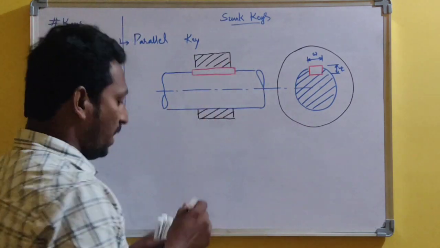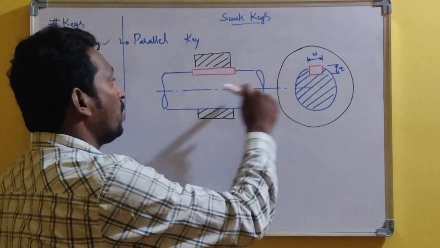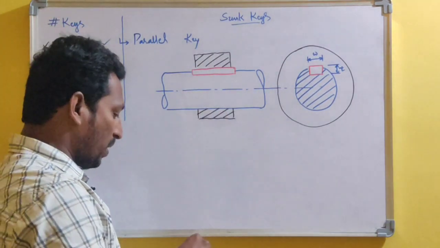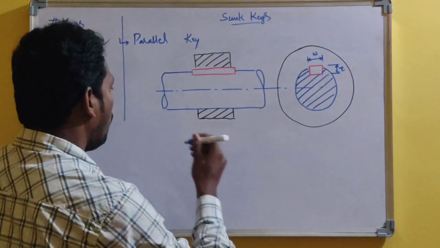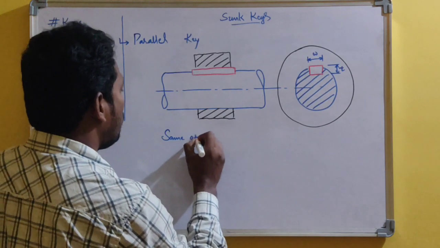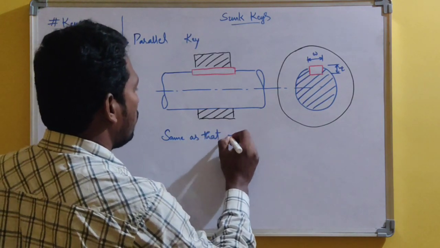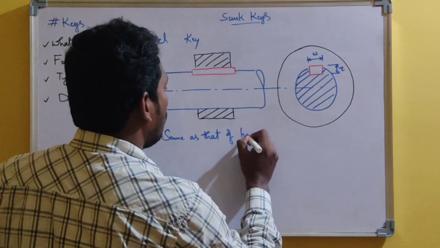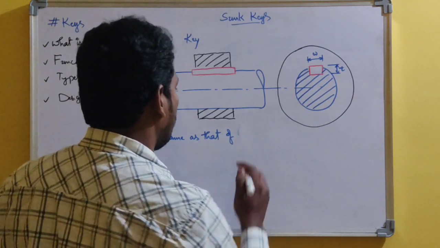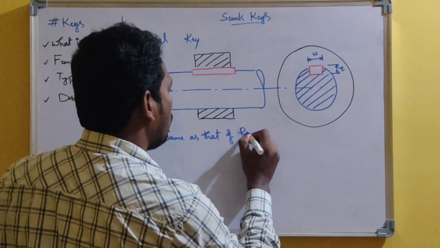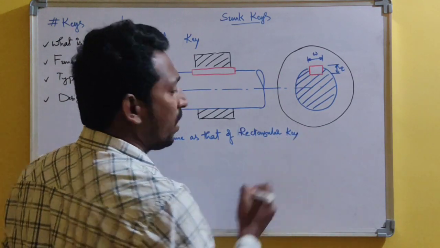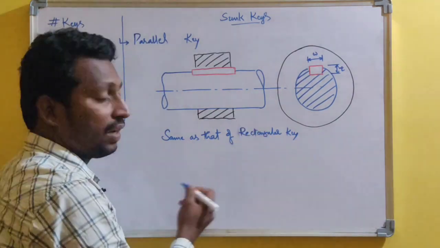This key is inserted along the axis of the shaft, I mean parallel to the axis of the shaft, and the dimensions will be the same as that of the rectangular key.